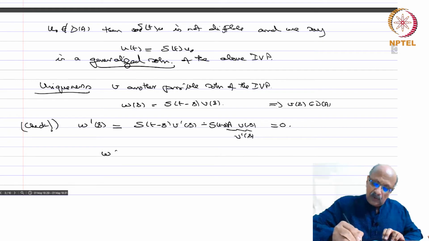So, that means w(t) = w(0) for all t. And what is w(0)?